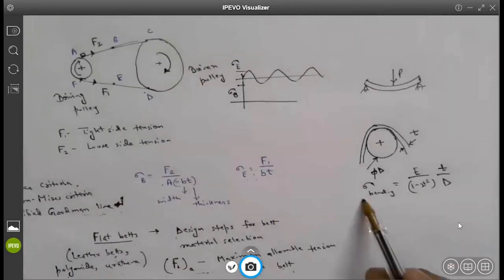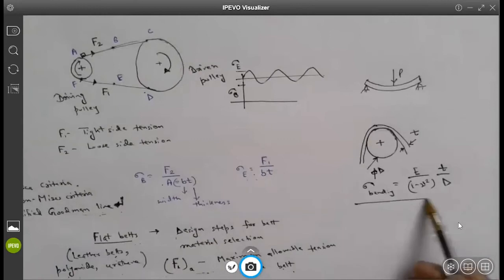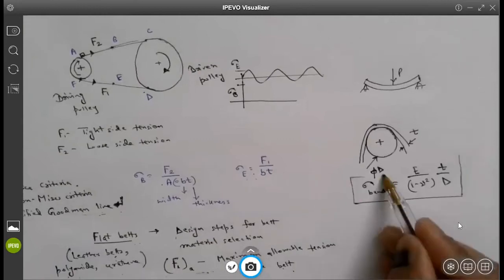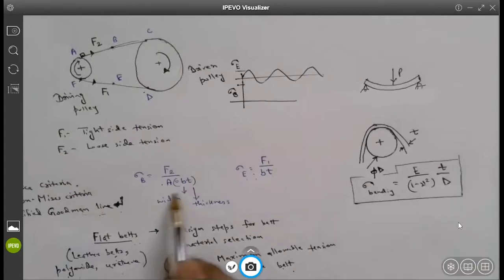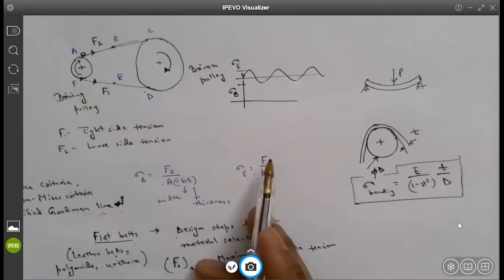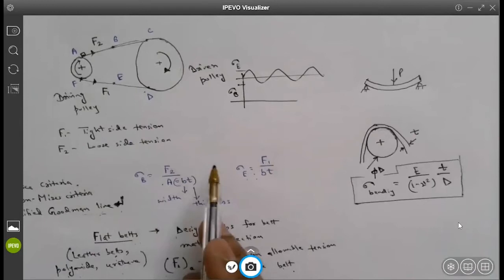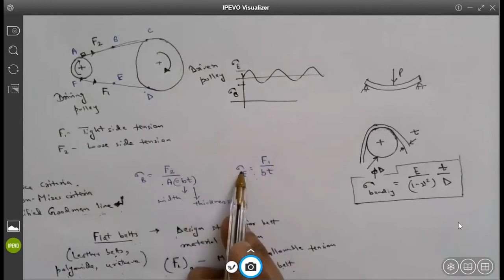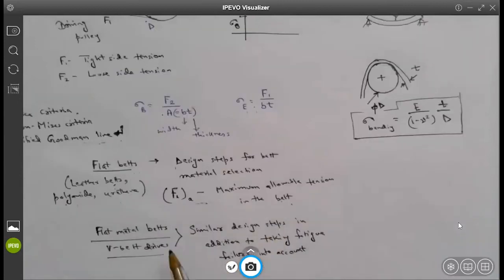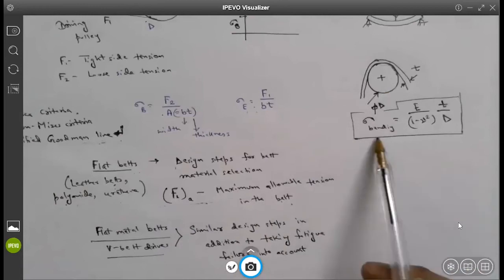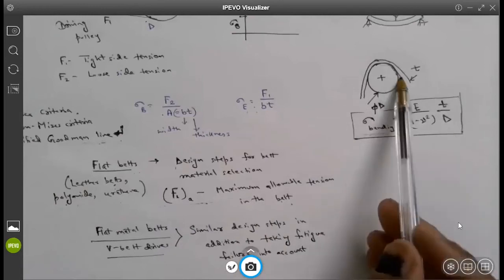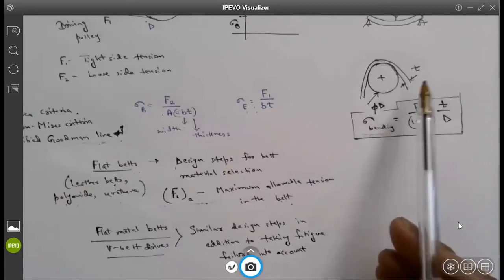So this is the additional bending stress, or the component of the stress that comes in the material apart from the ones that you calculate using the belt tensions F1 and F2. The belt tensions divided by the cross section will be the stress in the material. And in addition to that, if you are working with a metallic sheet or V-belt drive, you have this additional component of the bending stress that needs to be taken into account.